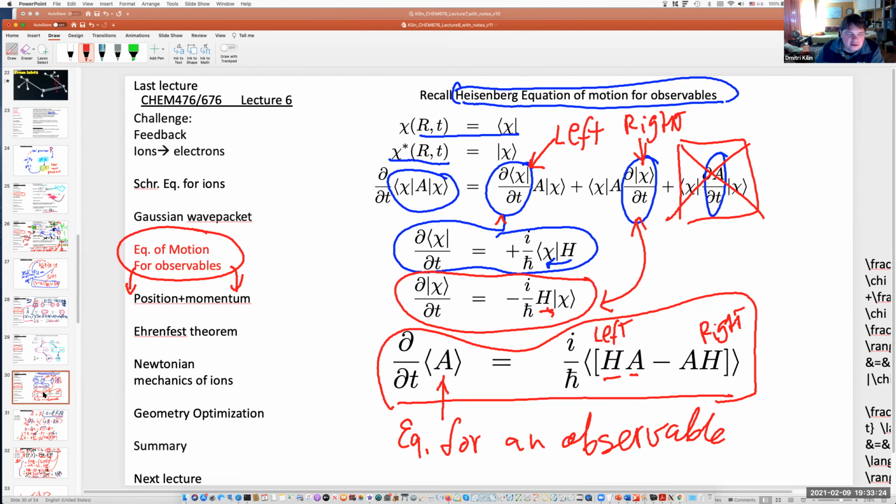Slide 31 is just the implementation of this Heisenberg equation of motion. I plug in R instead of A. R is the position, and A is an arbitrary operator that we consider in general. And H is the total energy.